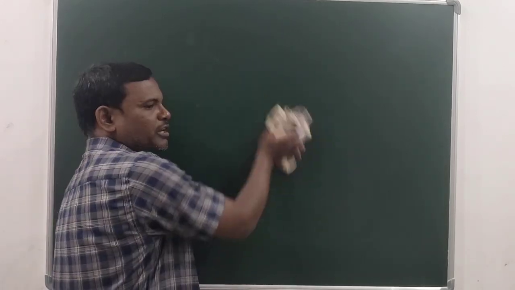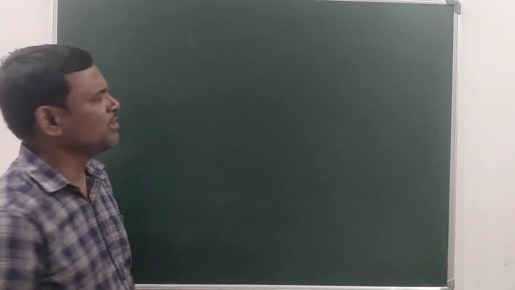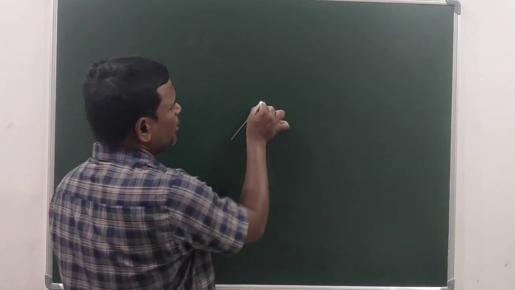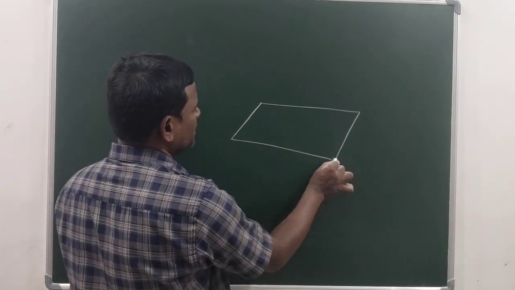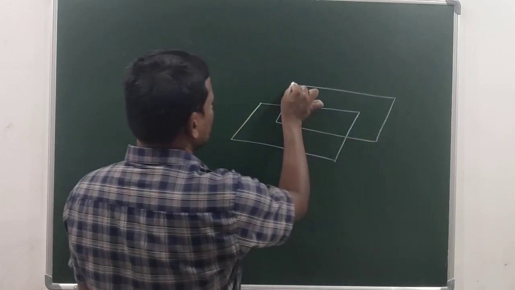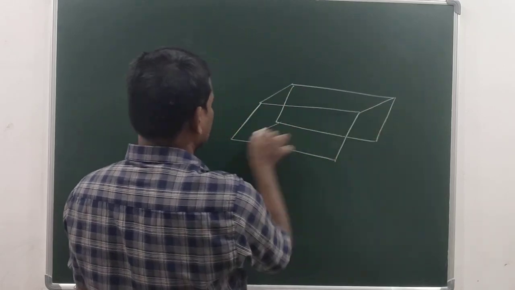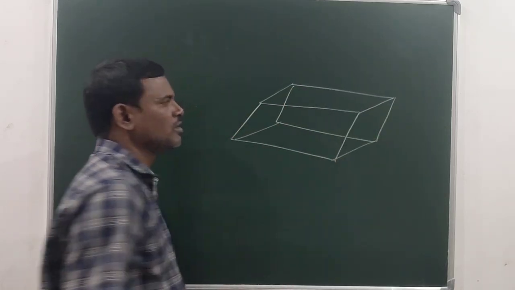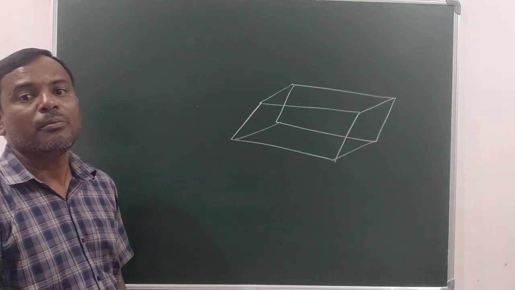And next you have to remember one more point. So here a parallelepiped will be given to you, same like a cuboid, but whose surfaces look like parallelograms. So this is a parallelepiped.